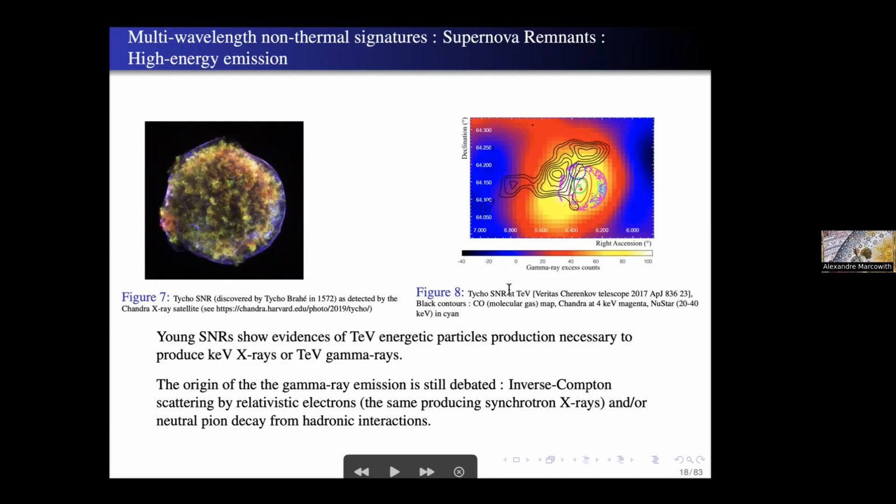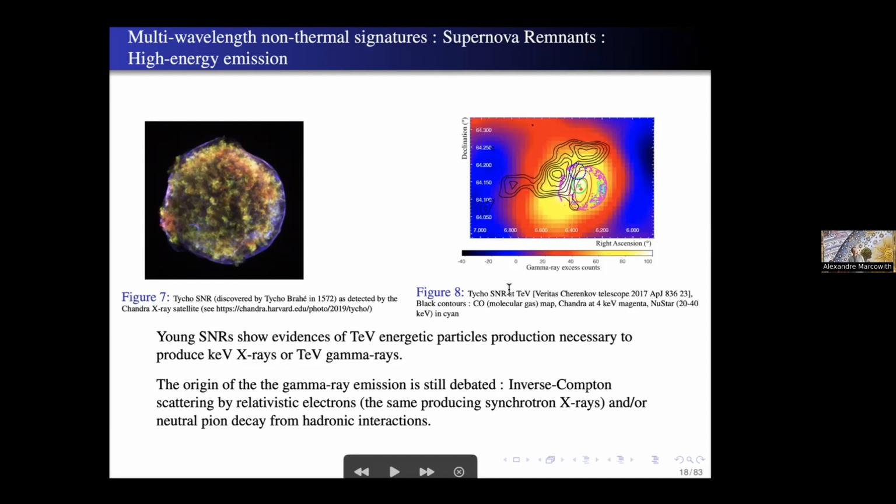Of course, the problem of gamma ray instruments is that the angular resolution is very bad with respect to X-ray. So you are a bit blurred, but here the Chandra image is in magenta. So you have some correspondence.